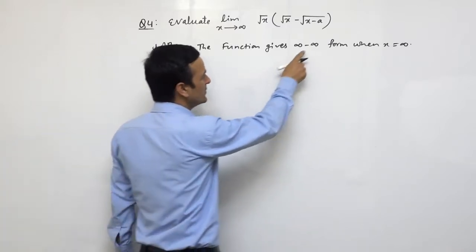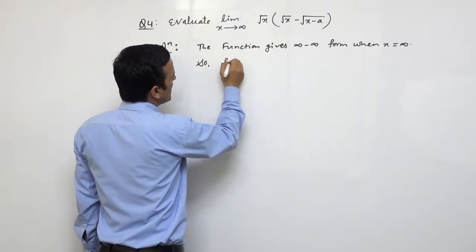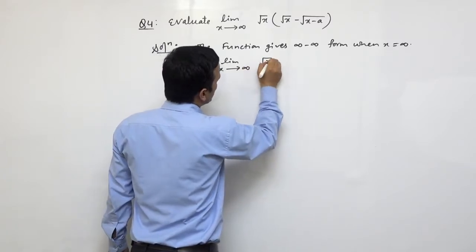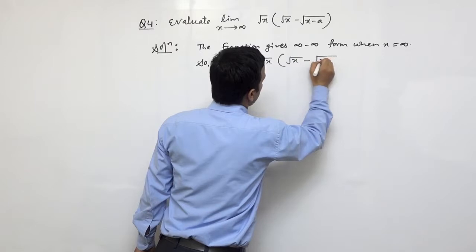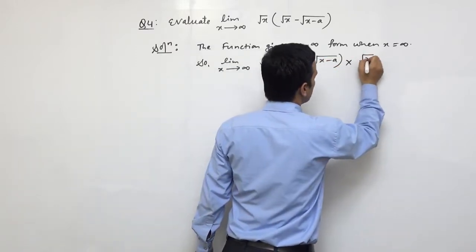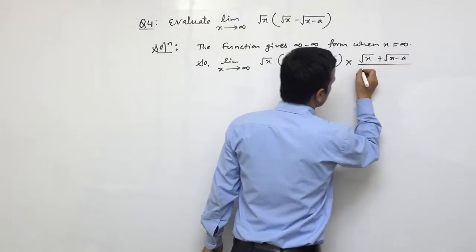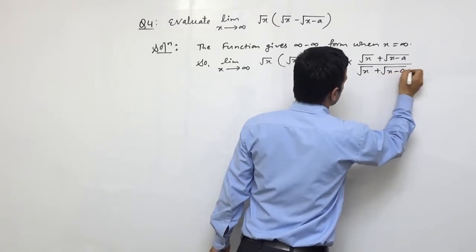That's why it is called indeterminate form; we are not sure of the value given by infinity minus infinity. So when x is equal to infinity, now limit x tends to infinity, root x minus root under x minus a. Now we can conjugate this term: root x plus root x minus a divided by root x plus root under x minus a.